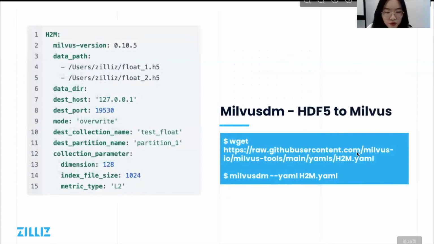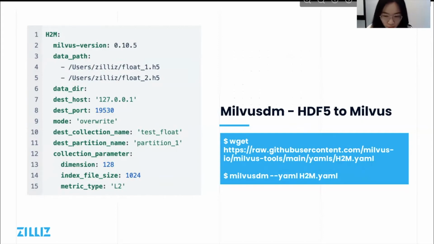When we need to import data in HDF5 format into Milvus, as usual, you first download h2m.yaml using the wget command and then set the parameters. Unlike f2m, here the data path refers to the path of the HDF5 format file.